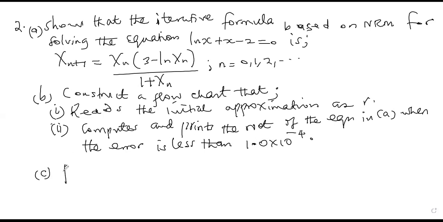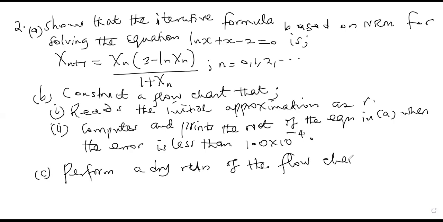Part C: perform a dry run of the flow chart if R is 1.6. So we are told to do this.